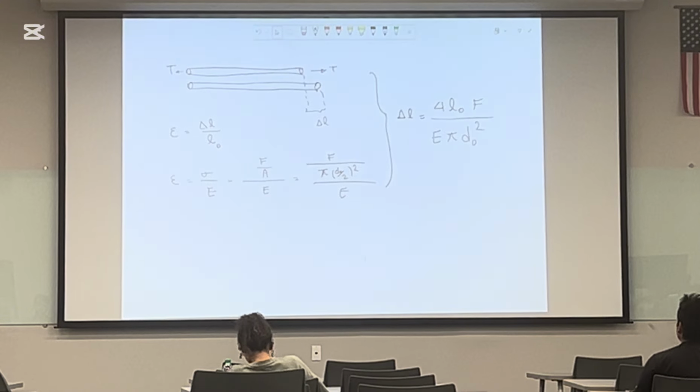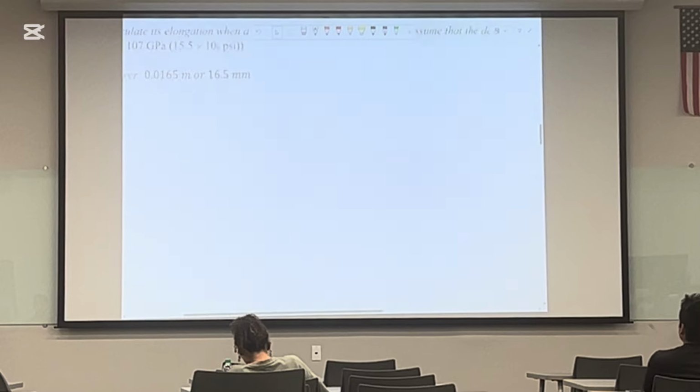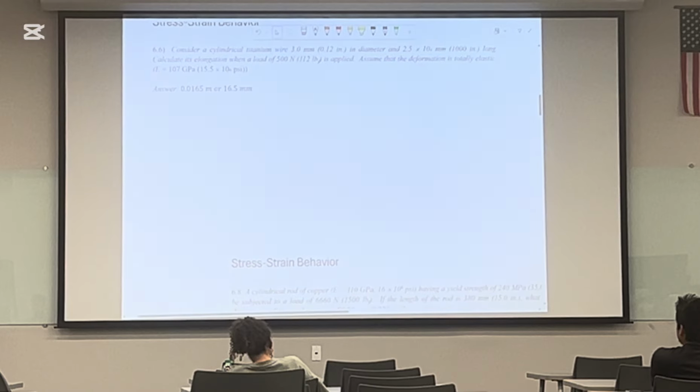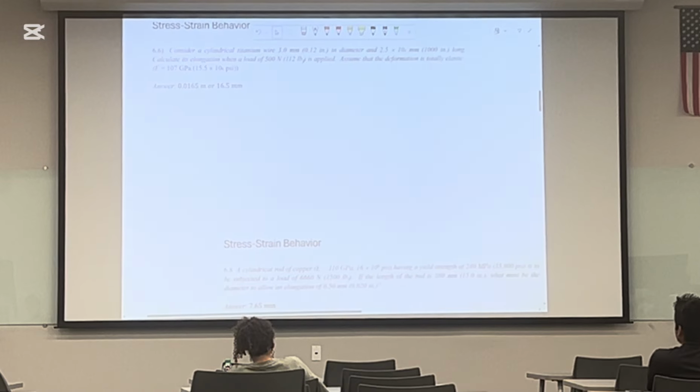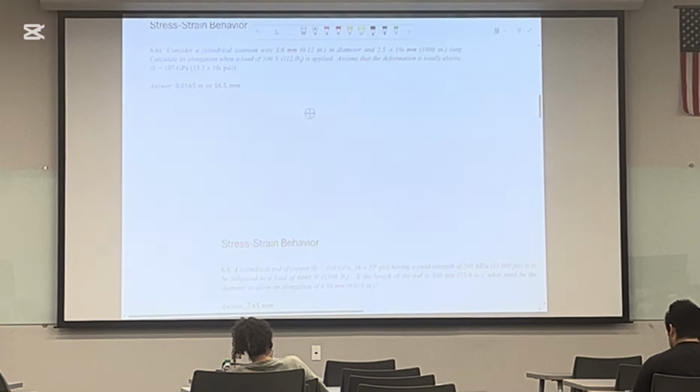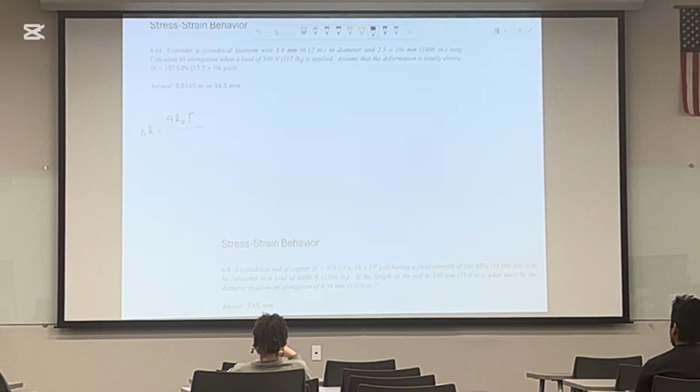So let's go back here. We have the numbers. So I wrote here, it's going to be 4 L naught F over Young's modulus, pi and D naught squared.